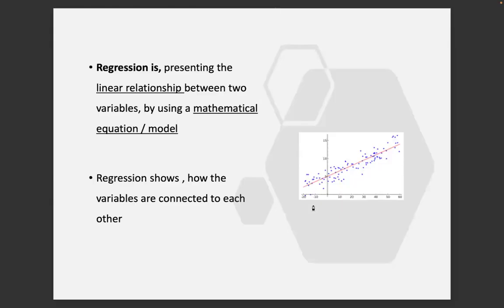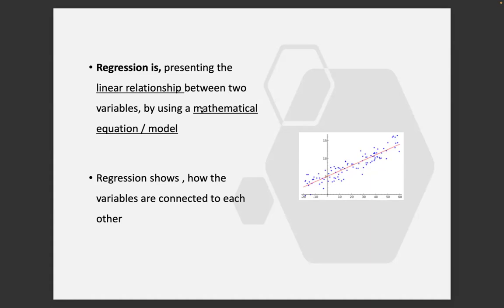Now what do we have? They are explaining what is regression. It is representing the linear relationship. When we draw these, we should be able to fit a line for all these data points.